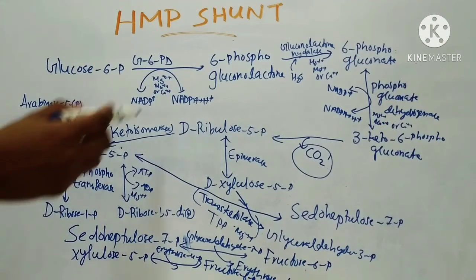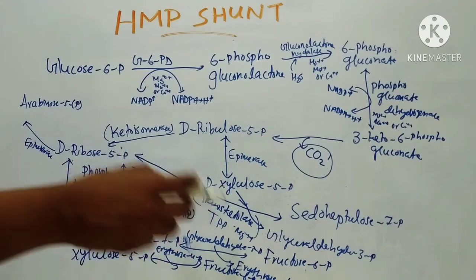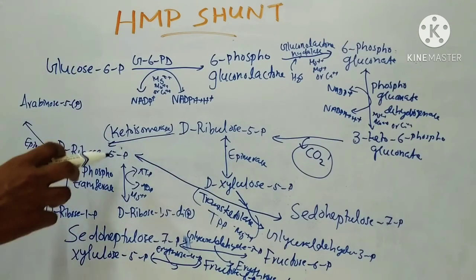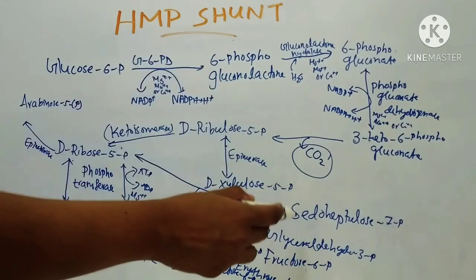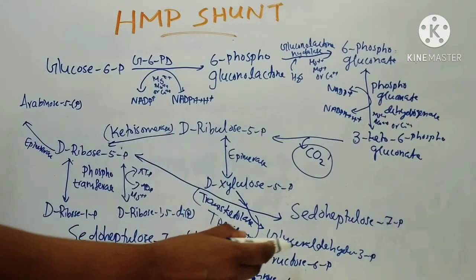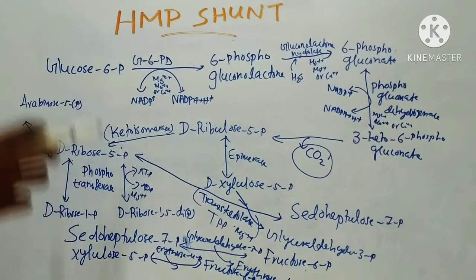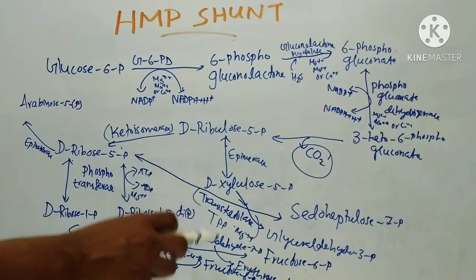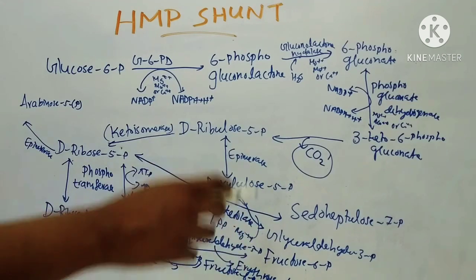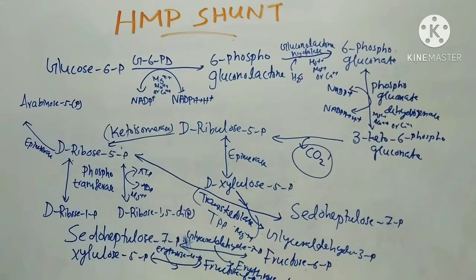So here xylulose 5-phosphate is a ketose, a 5-carbon sugar. It reacts with ribose 5-phosphate, also a 5-carbon aldo sugar. It combines to form sedoheptulose 7-phosphate, a 7-carbon sugar, and glyceraldehyde 3-phosphate, a 3-carbon compound. Then sedoheptulose 7-phosphate, a 7-carbon ketose, combines with glyceraldehyde 3-phosphate, a 3-carbon sugar, and forms fructose 6-phosphate, a ketohexose, and erythrose 4-phosphate, an aldo sugar.